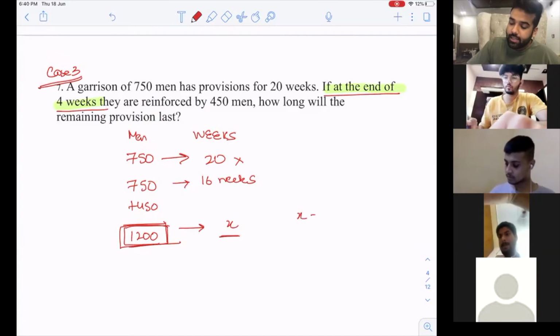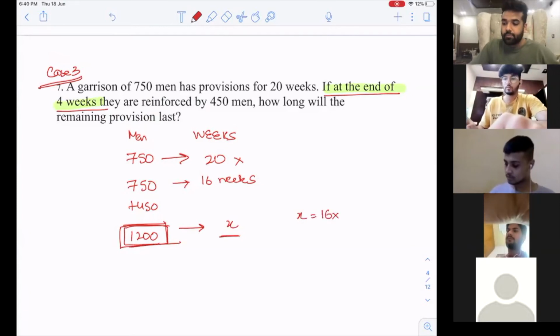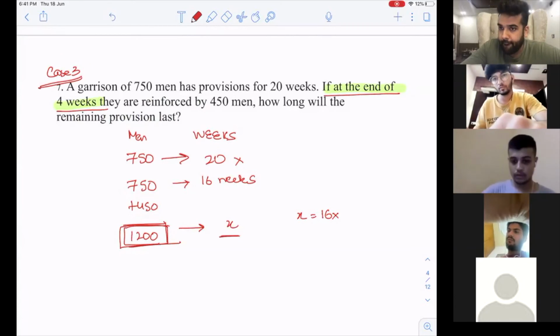X. What is X? 16 weeks. 750 men had food for 16 weeks. So 1200 men will have food for how many weeks? 10. 10 is correct.